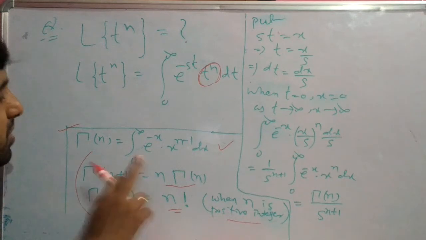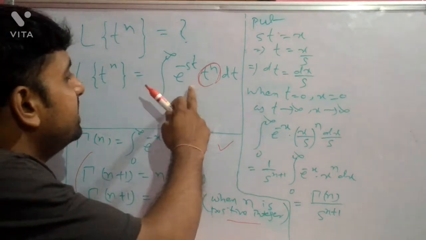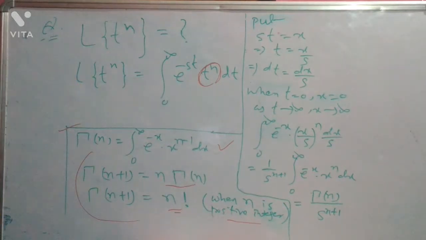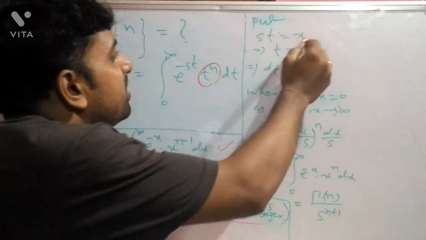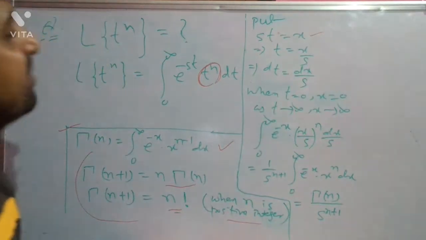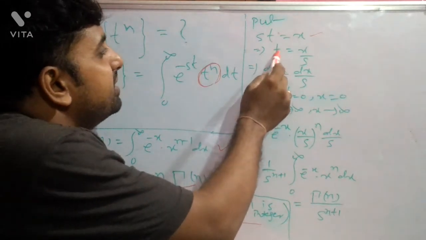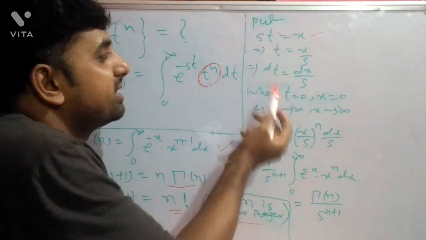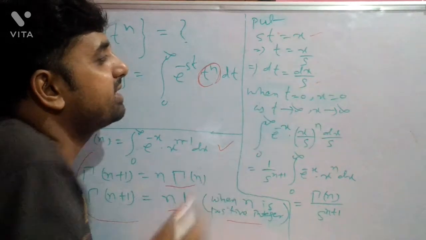Now we have to use this gamma function to find out the value of this integral. To solve this, put st equal to x. Suppose st equal to x, then t will be x by s, and that implies dt equal to dx by s.